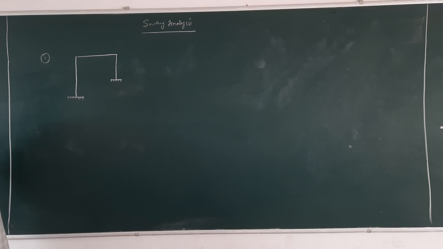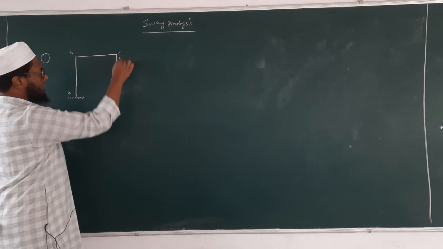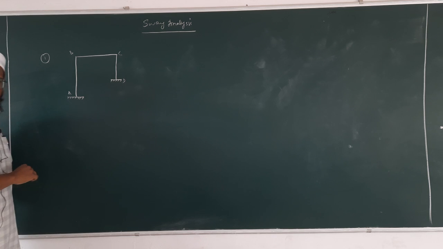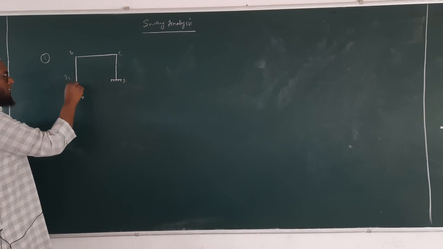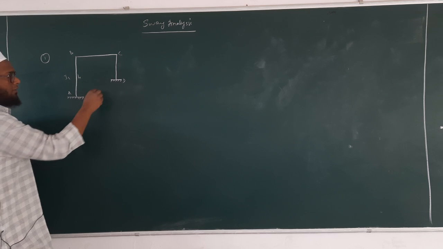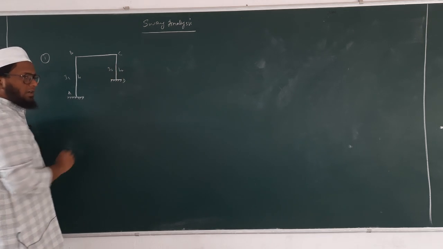We'll name this as A, B, C, D. Alright. The moment of inertia for this member is I1 and length is L1. Moment of inertia for this member is I2 and length is L2.